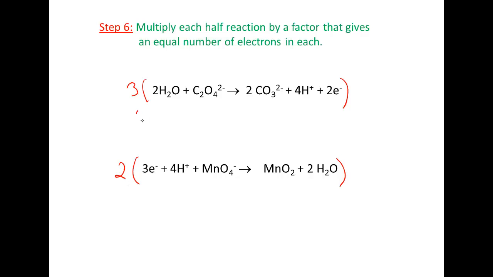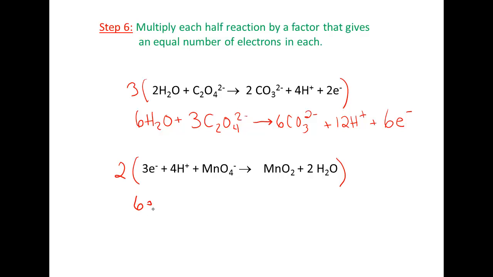So this is going to give us 6 H2O plus 3 C2O4 2-, and it's going to give us 6 CO3 2-, 12 H+, and 6 electrons. In the bottom equation, now we're going to multiply everything by 2.